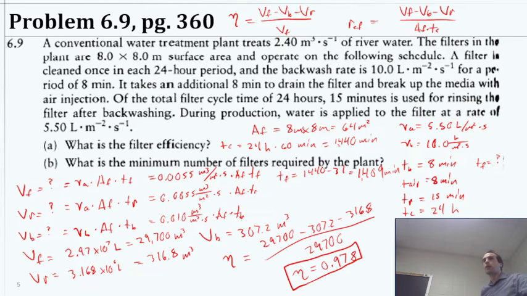We have to figure out how many filters it takes to operate this plant properly, given the fact that sometimes the filters are going to be down for cleaning. And the other equation that we looked at last time was the REF, the effective loading rate, and we've got the equation up there.